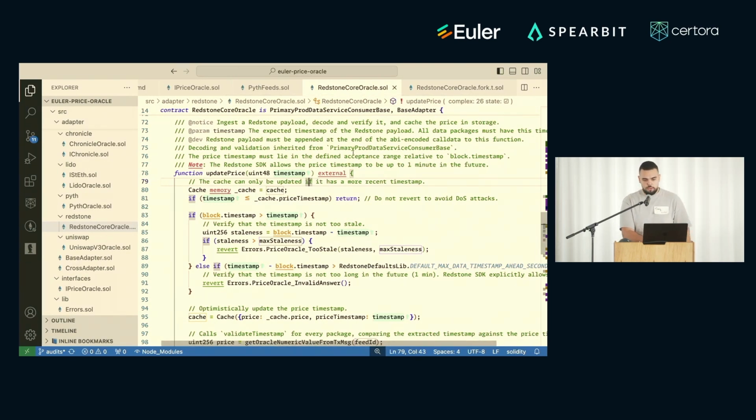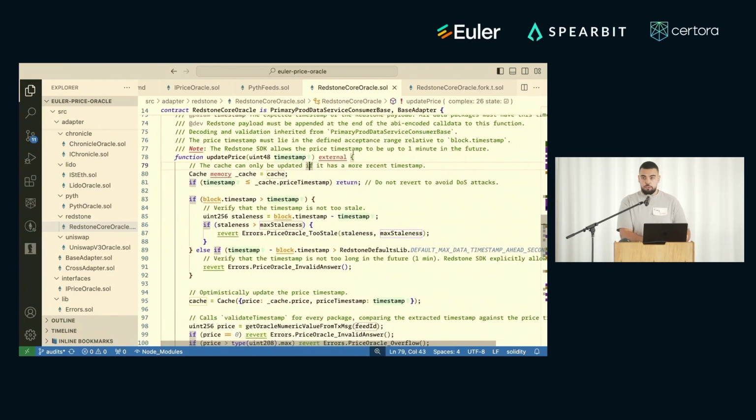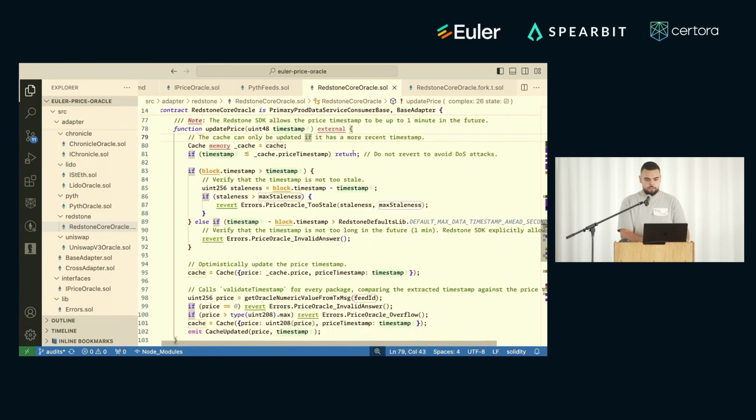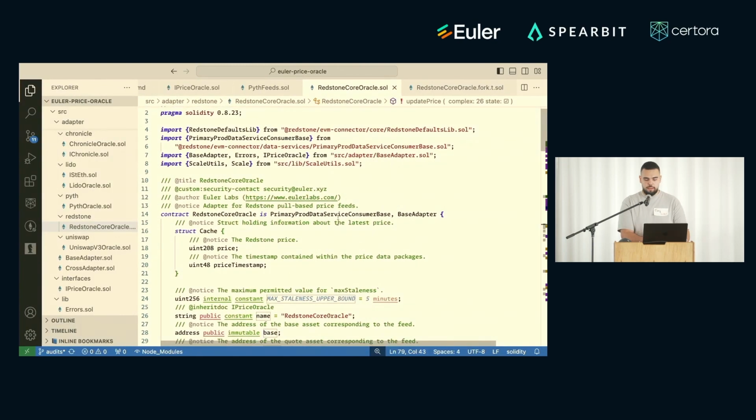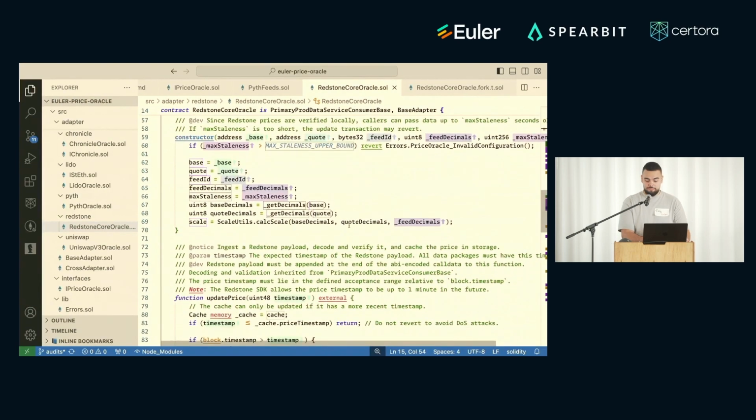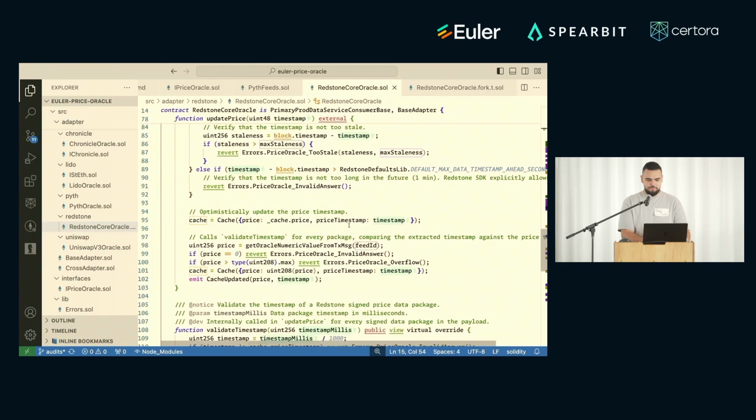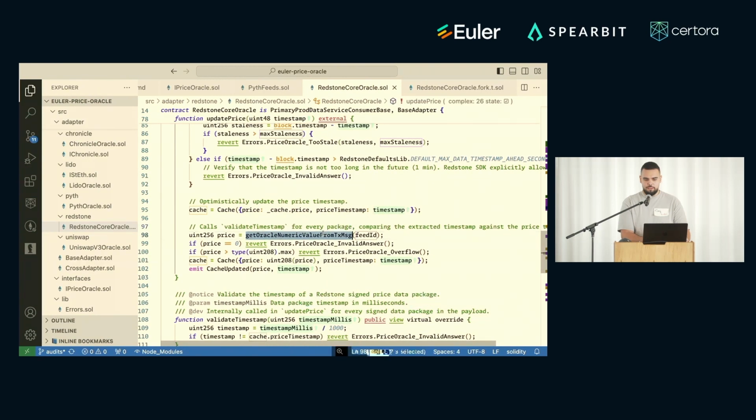And we use the Redstone SDK, which is this inherited primary prod data service consumer base. And so this method call basically enters into that, and it internally is going to decode that trailing data as n data packets. And every data packet contains a price, a timestamp, and a signature.